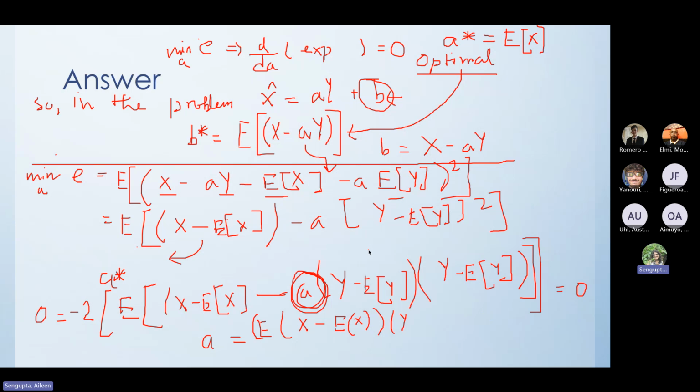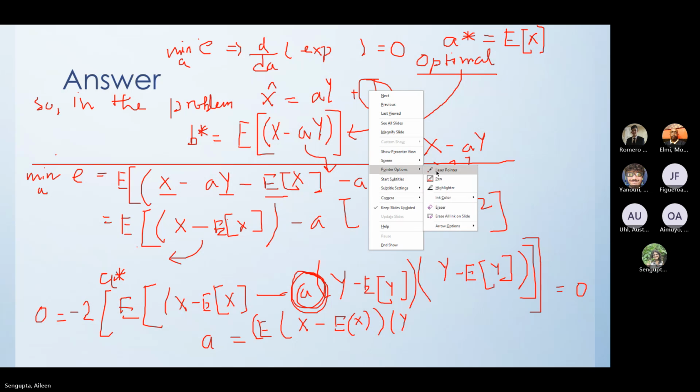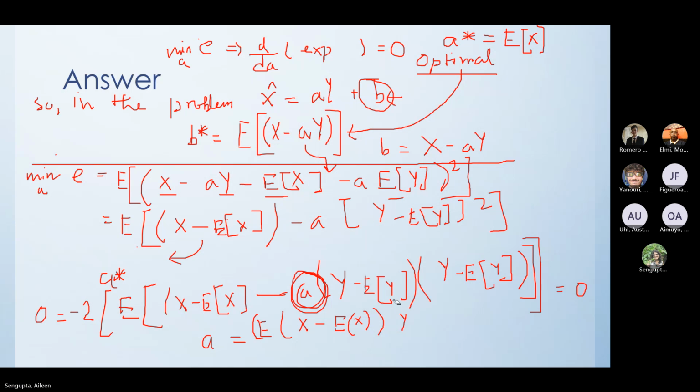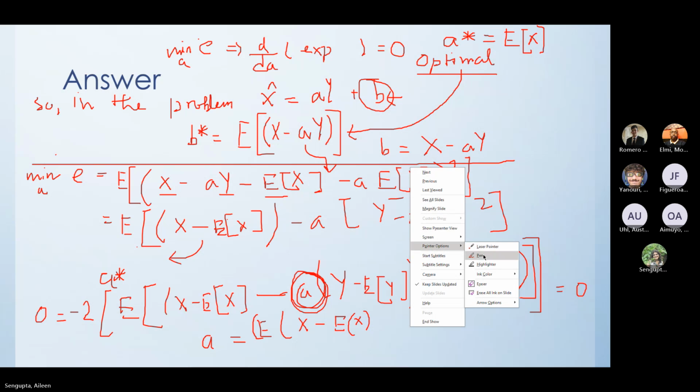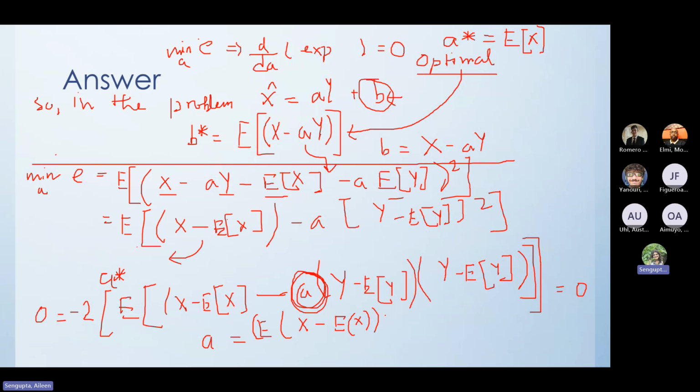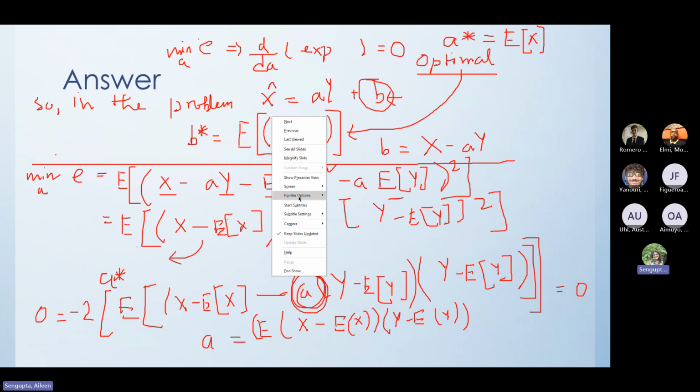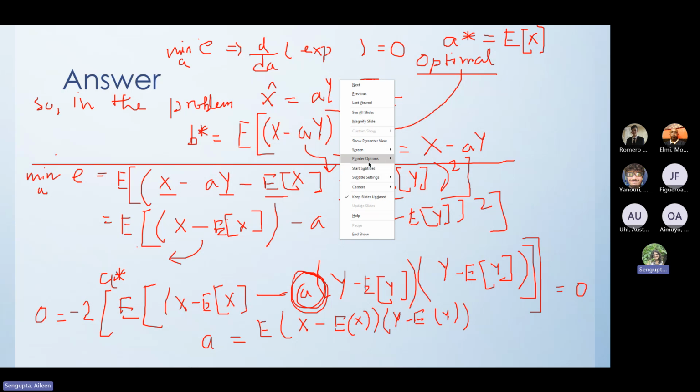Actually, I made a mistake. Hang on. This bracket should not be closed. Multiplied by y minus e of y. Now the expected value operator bracket closes. It's just me working out, guys, so give me a little bit of time.